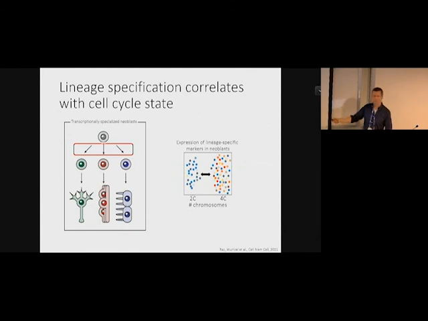Okay, so each dot here represents a cell, and the color of this dot represents expression of any of the known specialization markers. And what you can see here immediately is that there is a bunch of cells that are not expressing a specialization marker, and a larger proportion that is expressing a specialization marker.